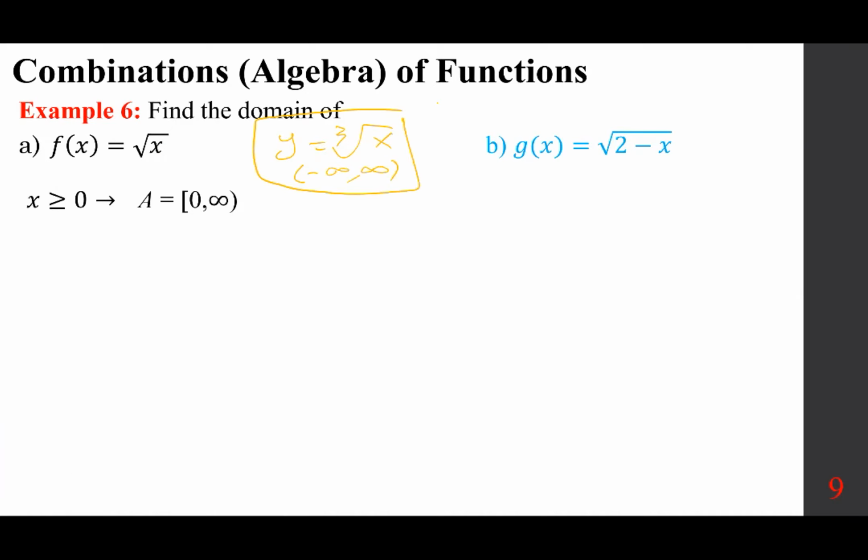And so for part g, 2 minus x must be greater than or equal to 0. And that means 2 is greater than or equal to x, or x less than or equal to 2, or negative infinity to 2. That would be the domain for g of x.